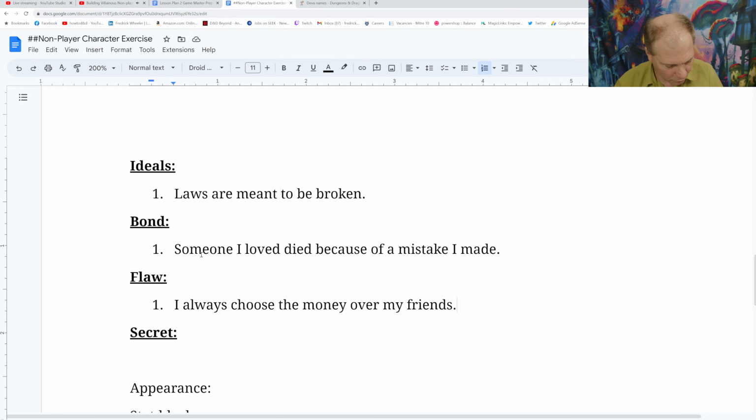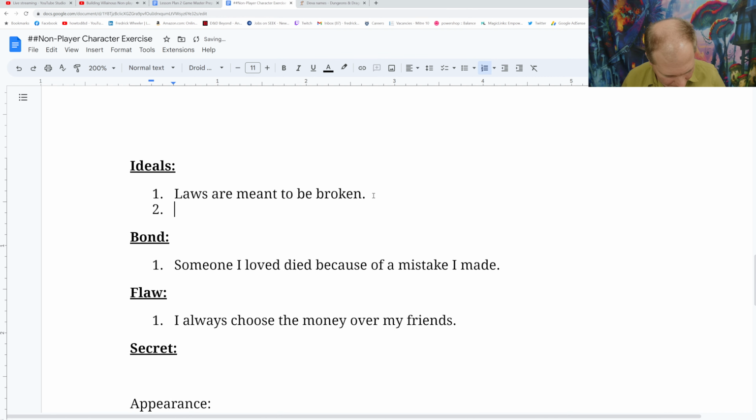Would 5 work for ideal? People. I'm loyal to my friends, not to any ideals and anyone else. I don't really feel like it's broken, but I don't feel like it fits either. So we might just leave that. Number 4, greed. I will do whatever it takes to become wealthy. Now that's a bit more like it. It's probably more ideal for a villain. So let's do that one.